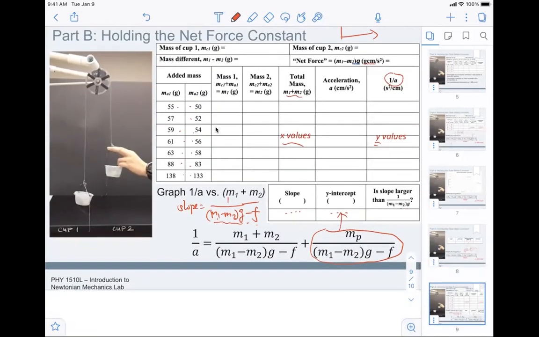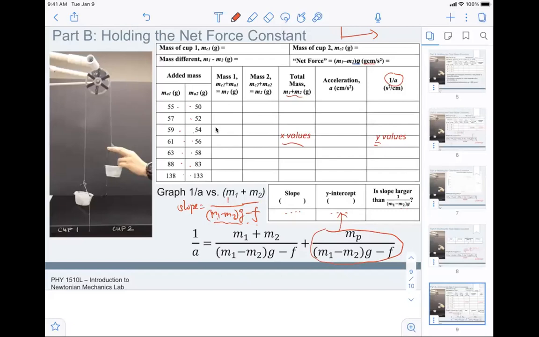For part B, you also measure a y-intercept, and that is this entire thing, and you can see if they match. For part B, you plug in the mass of the pulley as you measured from the previous part A, divided by M1 minus M2, which was kept at 5 grams, times g, 980, minus friction, again the friction from your previous part.